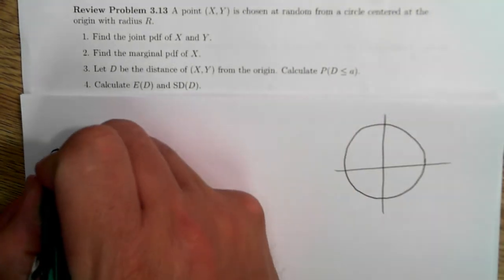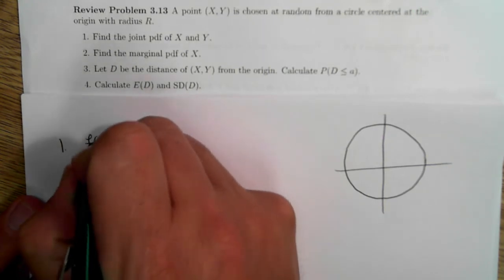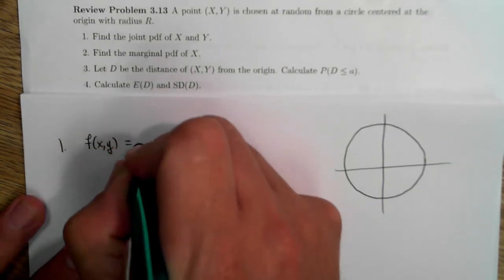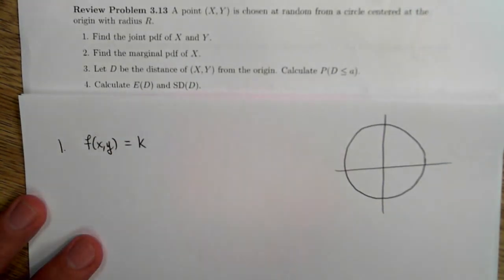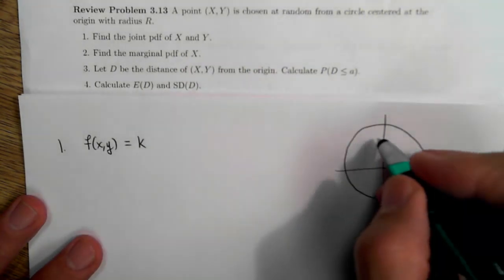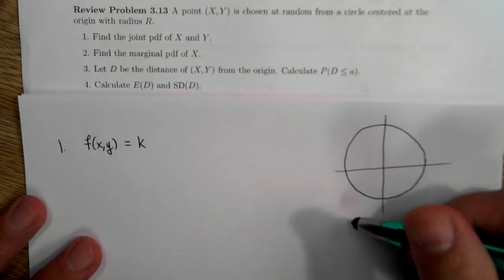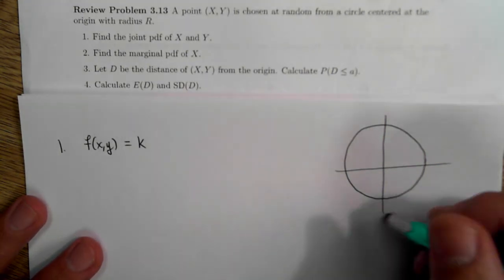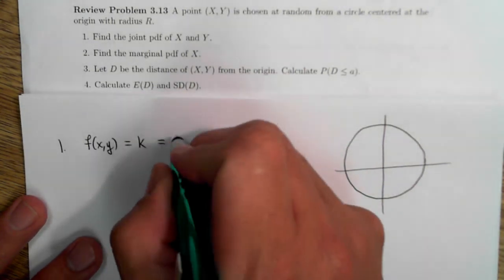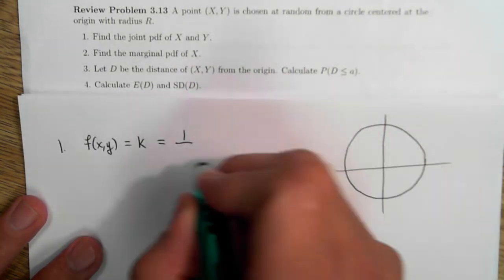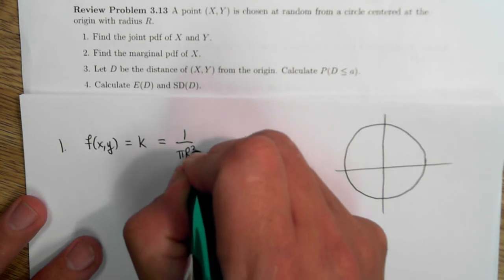So first off, it's uniformly chosen, so f of x,y has to be equal to a constant. Now, how do I find that constant? That constant will be 1 over the area, in the same way that for the uniform distribution, it's 1 over the length. As discussed in class, this will be 1 over the area of the circle, which is pi r squared.